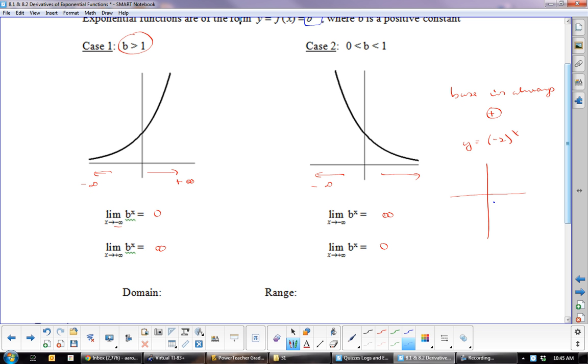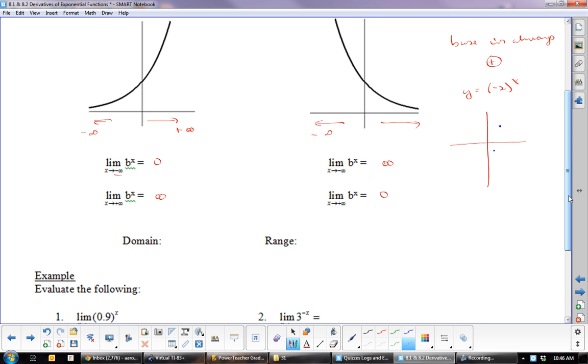When x is 2, it's going to give you positive 4. So your points jump all over the place because your base is negative. Every even power or exponent will give you a positive, and every odd power will give you a negative. So that's why it doesn't give you a nice flow, doesn't give you a nice graph.